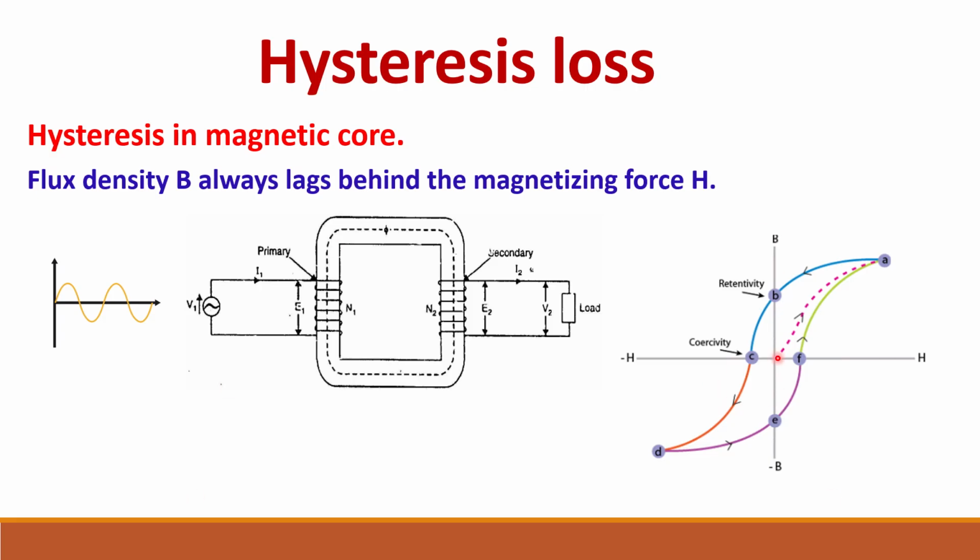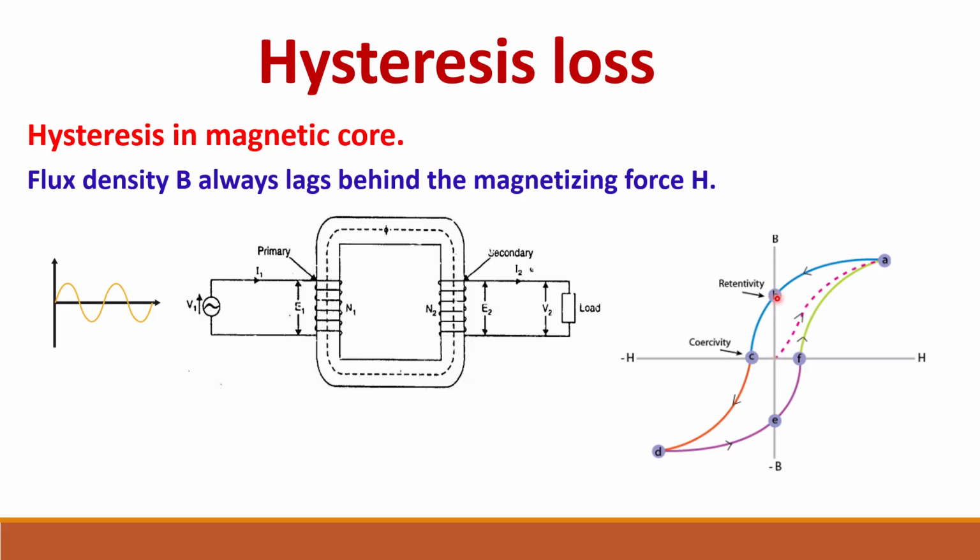So you are increasing the H, the flux density will also increase till it reaches the saturation point. But when you decrease the H in the reverse, it will not follow the same path. Instead, it follows a different path. So by the time H becomes 0, B is not 0.